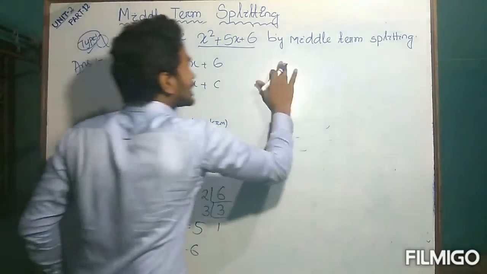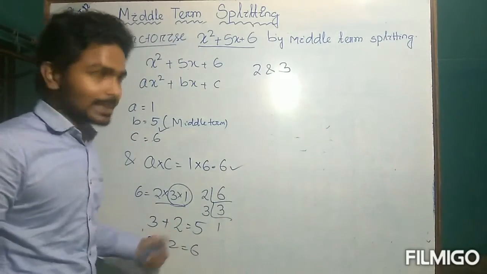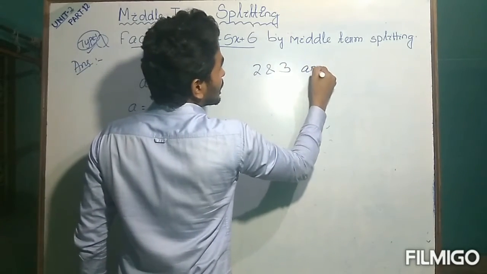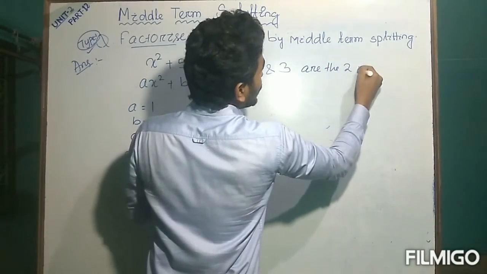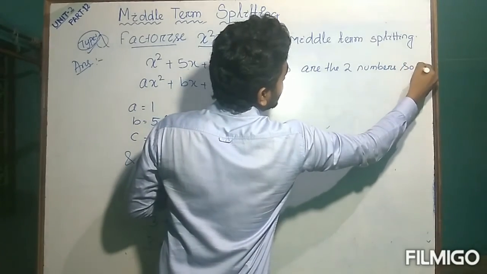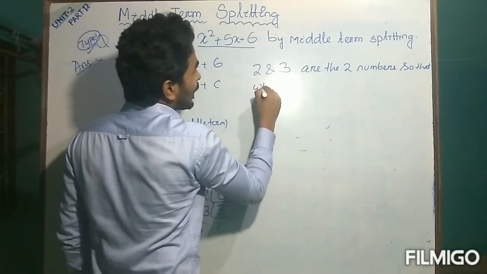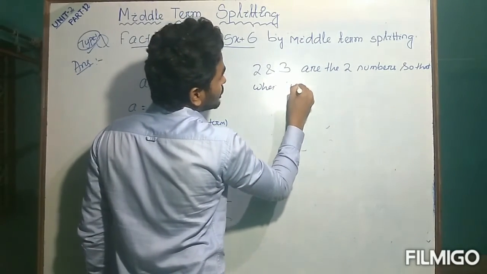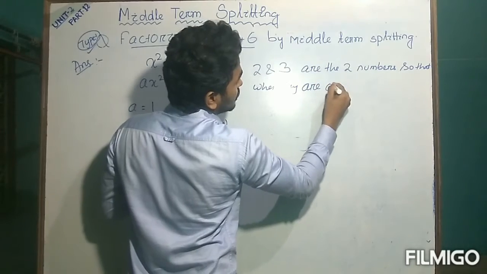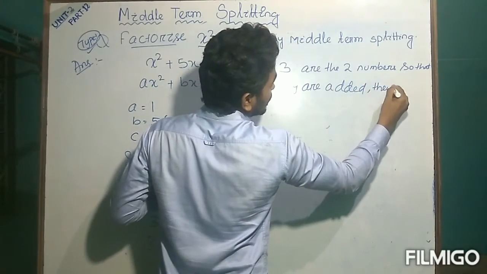Okay, so we can write 2 and 3. 2 and 3 are the 2 numbers so that when they are added, they give how much?